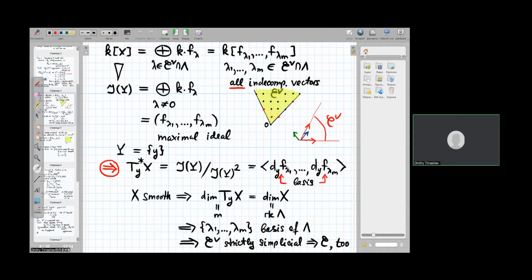So, more questions? Questions, comments, whatever. If we have a vector outside C check, why do we have a vector inside C check? Well, just look at the picture. You have this vector, and you can add to it, for instance, this one, and you get a vector inside C check.